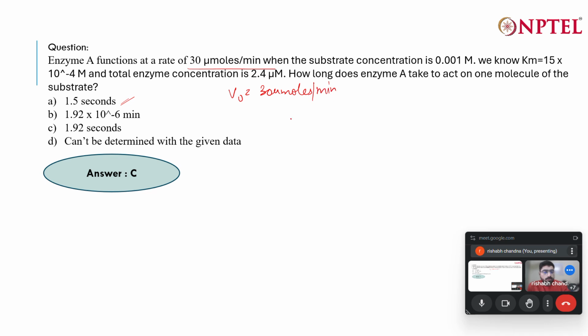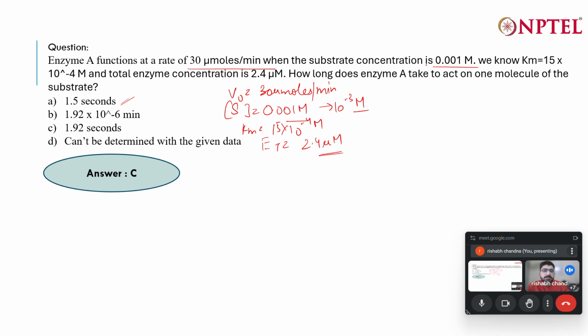The substrate concentration is 0.001 molar, that is 10 to the power minus 3 molar. Km of the particular substrate is 15 into 10 to the power minus 4 molar. And the total enzyme concentration that we have is 2.4 micromolar. So these are the given things that I am writing just now.